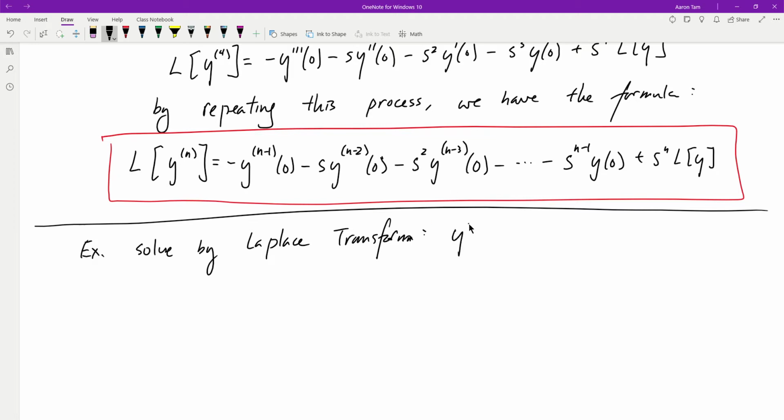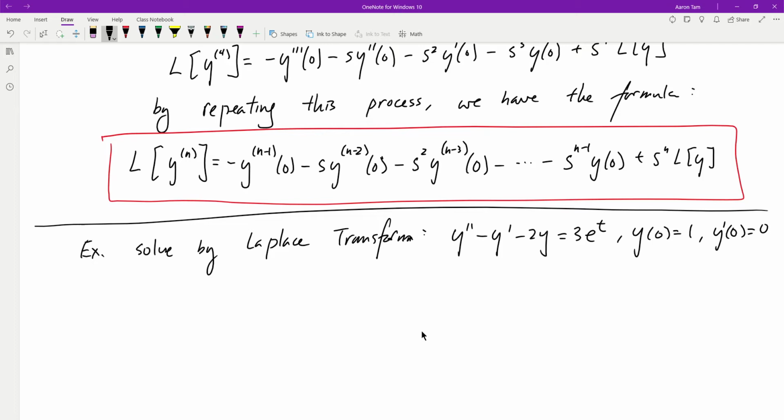And here's the equation, y double prime minus y prime minus 2y equal to 3e to the t. And then we have our initial conditions, y of 0 equal to 1, and y prime of 0 equal to 0. So hopefully y prime of 0 equal to 0 would help us simplify the problem a little bit, but we'll see.